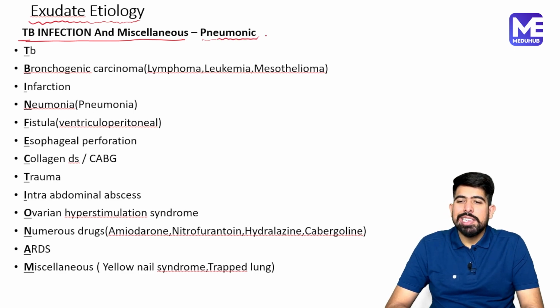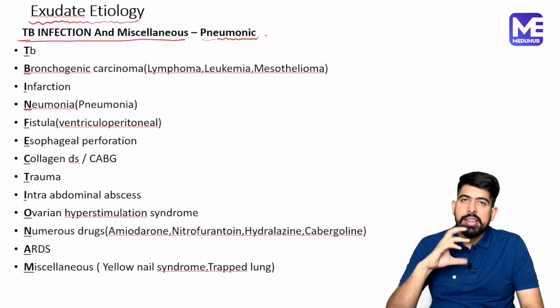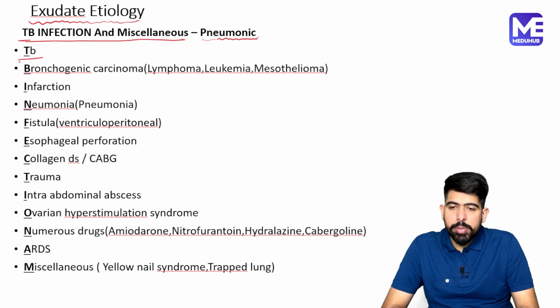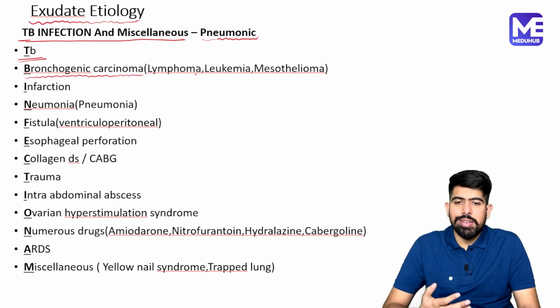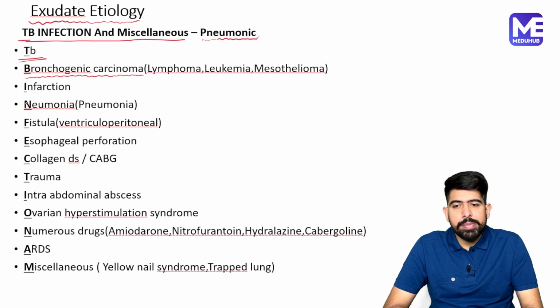The mnemonic is TB infection and miscellaneous. So T stands for tuberculosis. B stands for bronchogenic carcinoma. Also we can say lymphoma, leukemia, and mesothelioma. All kinds of bronchogenic carcinomas are there.